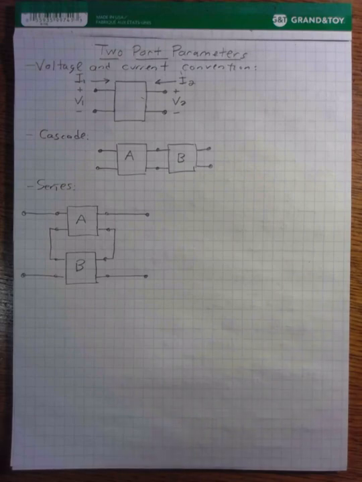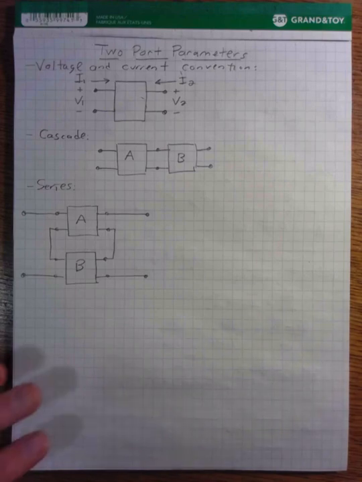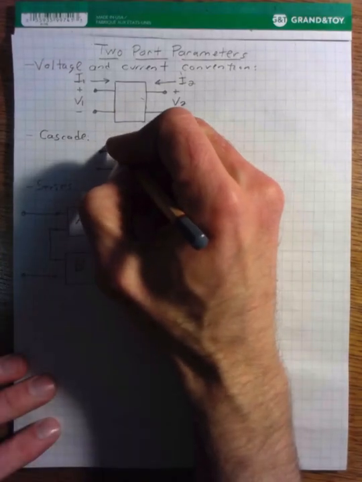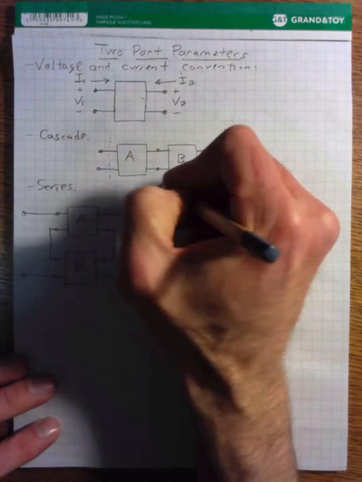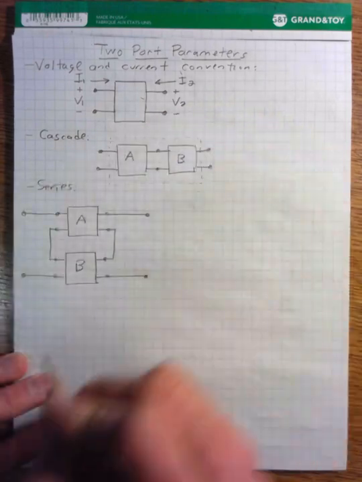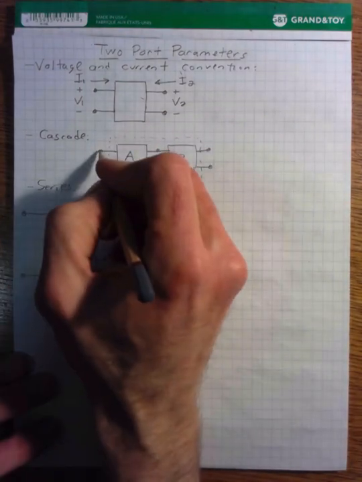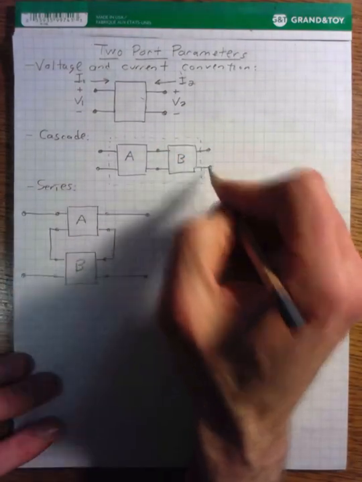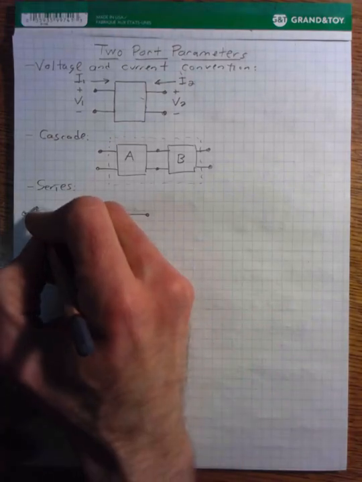Now, something I should point out that is common for both the cascade and the series connections: whenever we connect two-port systems together, we create a bigger two-port system. So for example, if I was to put a dotted box around our cascade connection, we could represent that as a single two-port system with one port here and one port here. Same with the series connection.